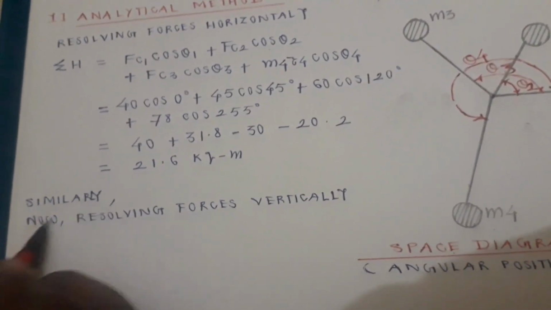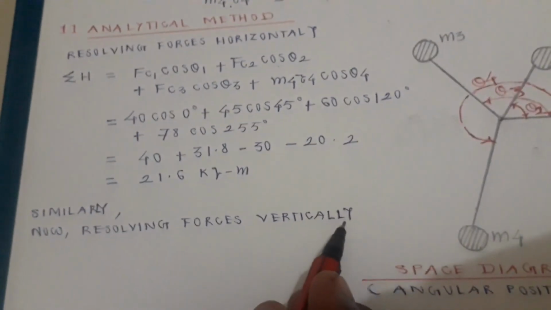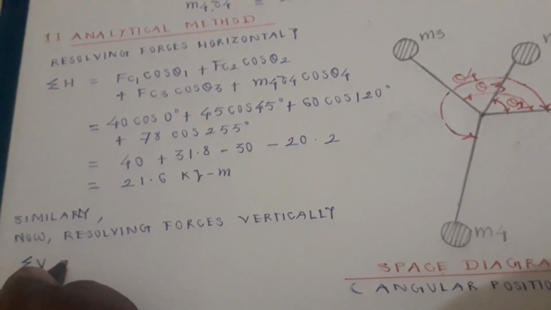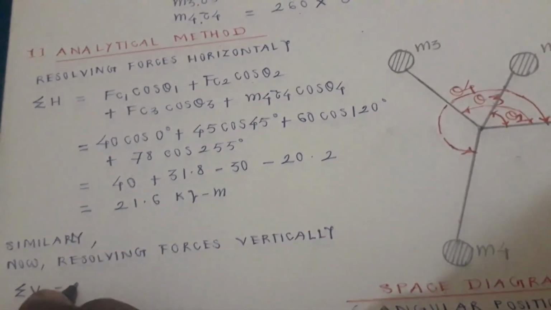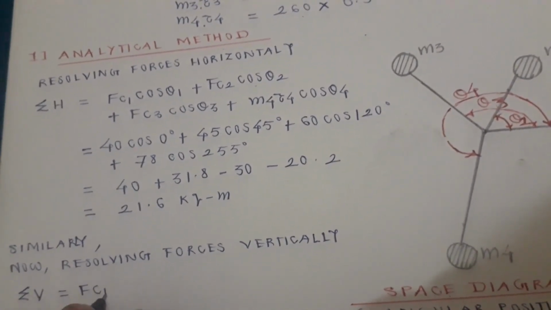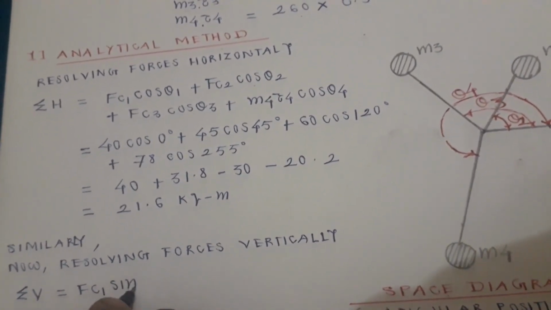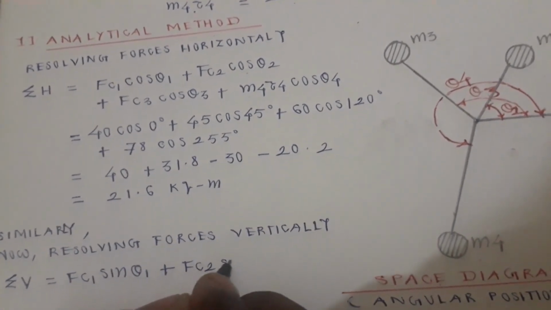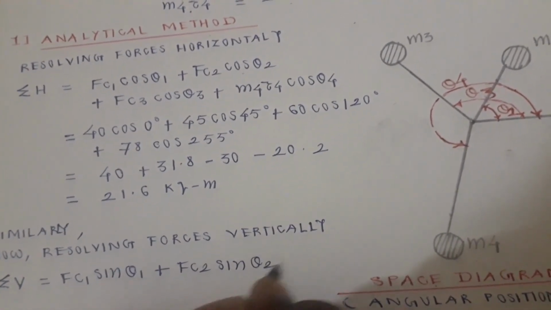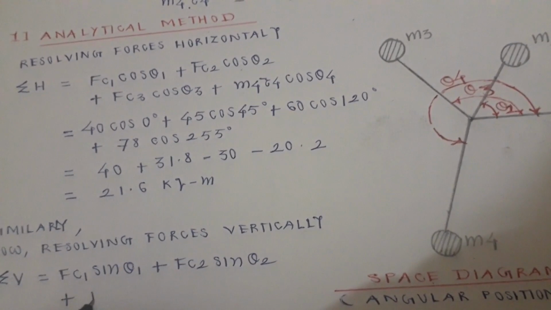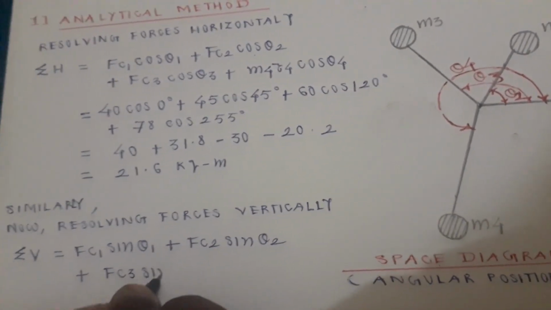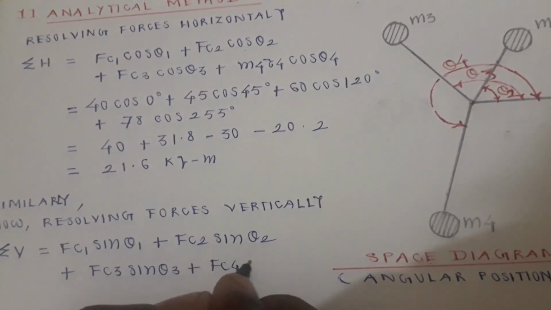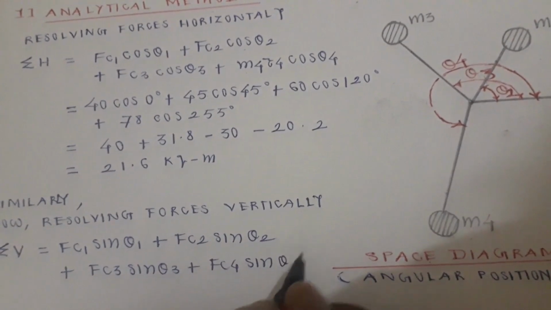Similarly, now resolving the forces vertically. So here, summation of vertical forces. So therefore FC1 sine of theta 1 plus FC2 sine of theta 2 plus FC3 sine of theta 3 plus FC4 sine of theta 4.